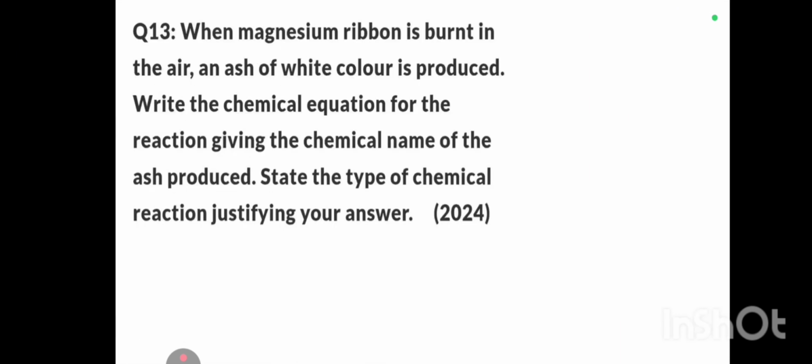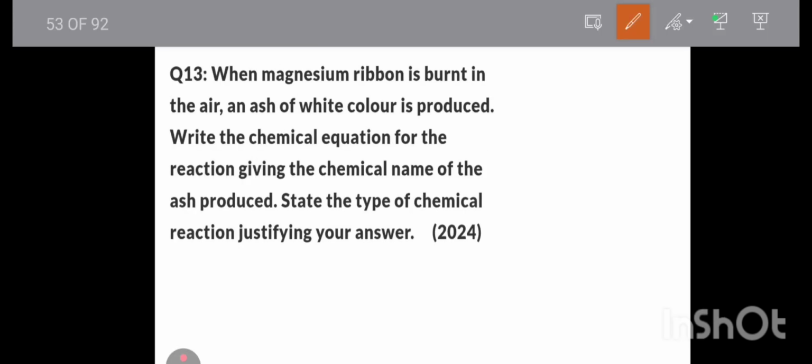When magnesium ribbon is burnt in air, an ash of white color is produced. Write the chemical equation for the reaction, giving the chemical name of the ash produced, and state the type of chemical reaction justifying your answer. Burning means there will be the presence of oxygen.